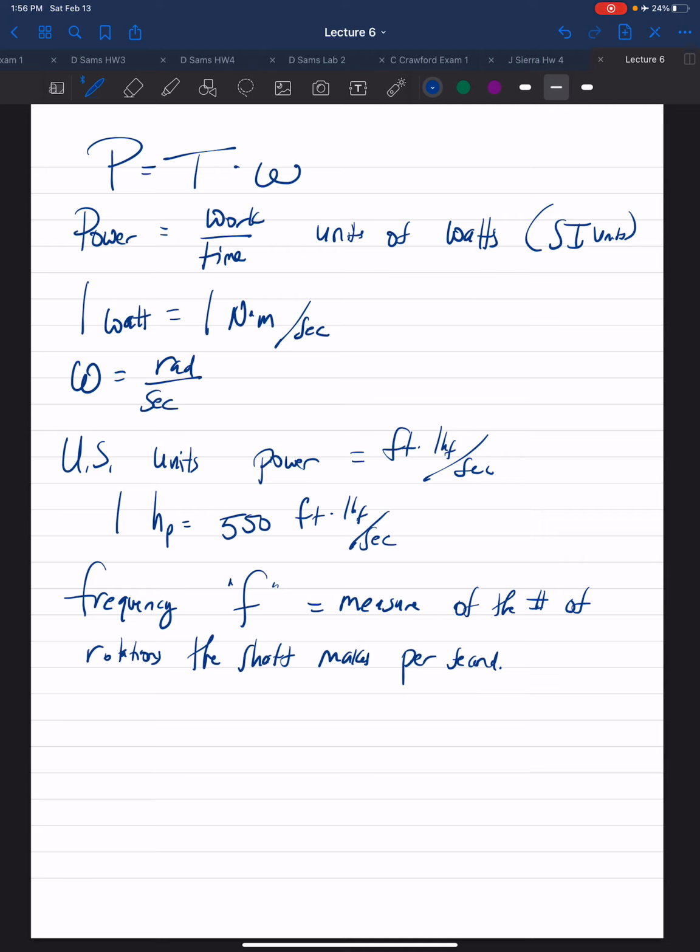It is expressed in units of hertz, where 1 hertz is equal to 1 cycle per second. And we know from our geometry that pi radians equals 180 degrees. So 2 pi radians equals 360 degrees, a complete circular revolution. So therefore, 1 cycle is equal to 2 pi radians, which is 360 degrees, a complete rotation.